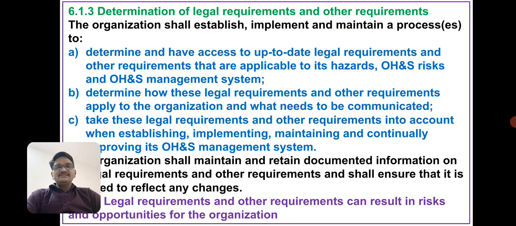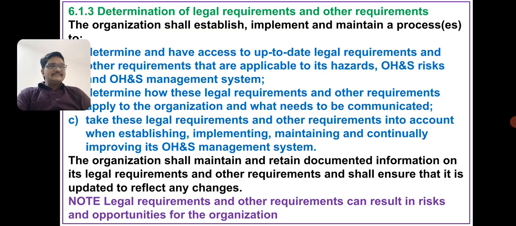And next is take these legal requirement and other requirement into account when establishing, implementing, maintaining and continually improving its OHS management system. The organization shall maintain and retain documented information on legal requirement and other requirements and shall ensure that it is updated to reflect any changes.